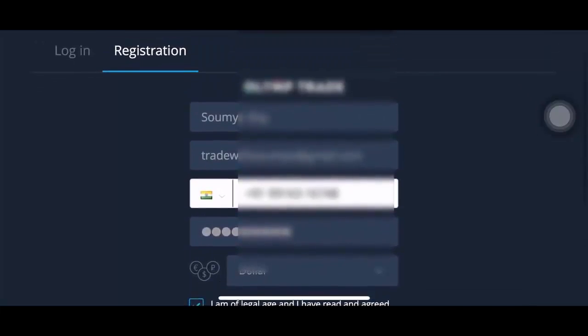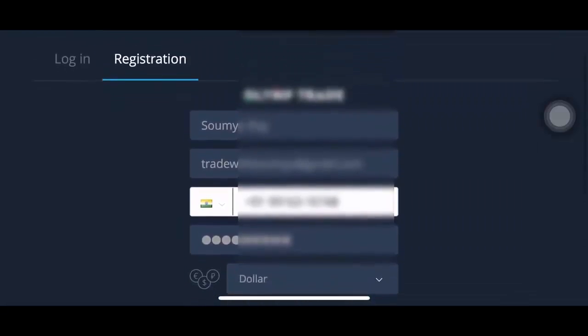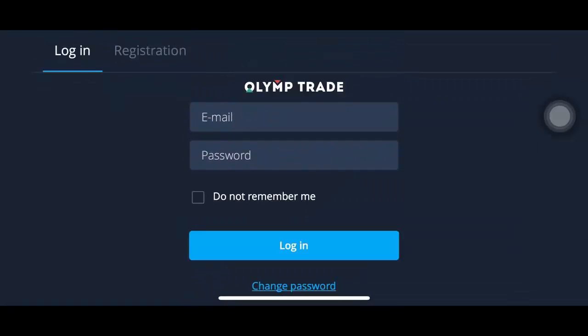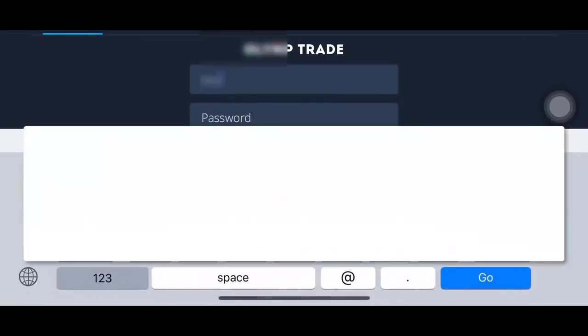the register button. Once you hit the register button, you will be given a 10,000 demo balance from Olymp Trade to practice trading and make yourself from a beginner into a pro trader and start trading.